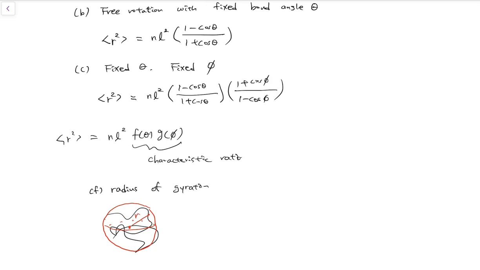That can be done easily by using some specific experimental technique. So that radius of gyration is denoted as S. The average of S square is equal to R square over 6. Okay, this is another way to define the overall size of the polymer chains, random Gaussian chains.